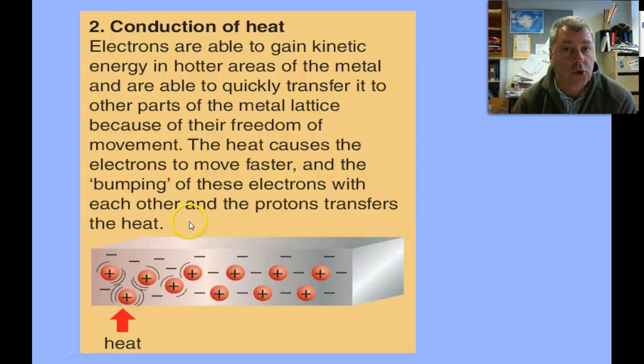That's the energy of motion, so they actually move faster, and because they're moving faster, they have collisions or near collisions. They get close enough to each other to transfer energy, and that bumping occurs within the delocalized electrons, and it spreads. So the kinetic energy moves through the metal rod, and at the end, we feel it in the form of heat.